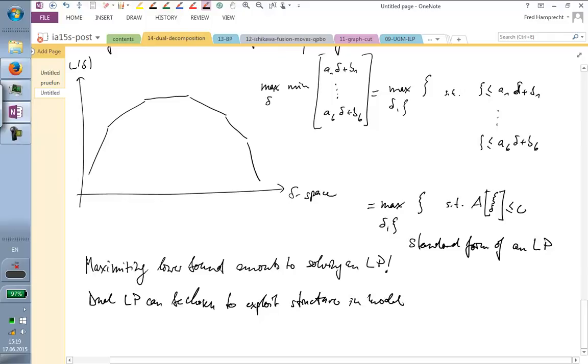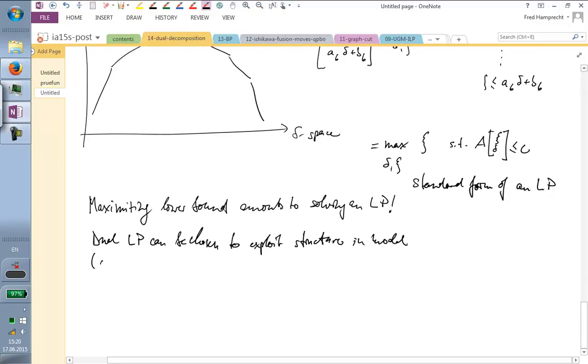The dual LP can be chosen to exploit the structure in the model. In other words, this means we choose a reparametrization that is a good fit for one of our hammers.